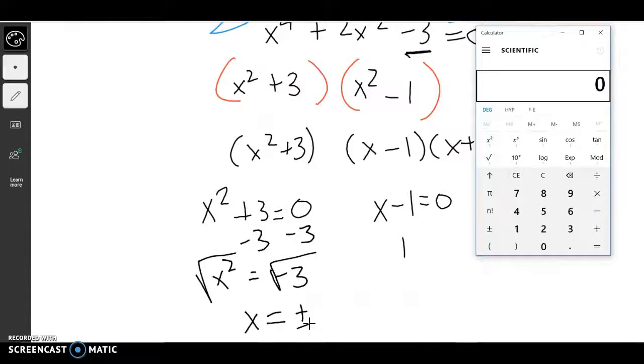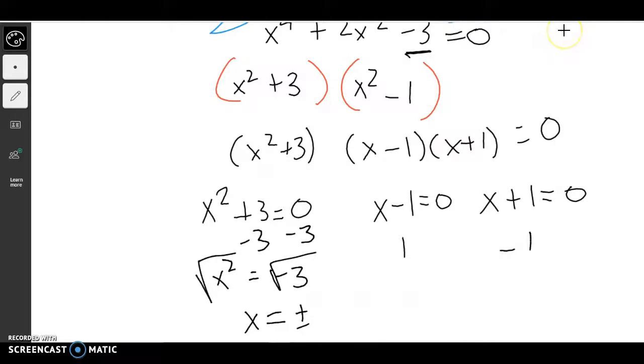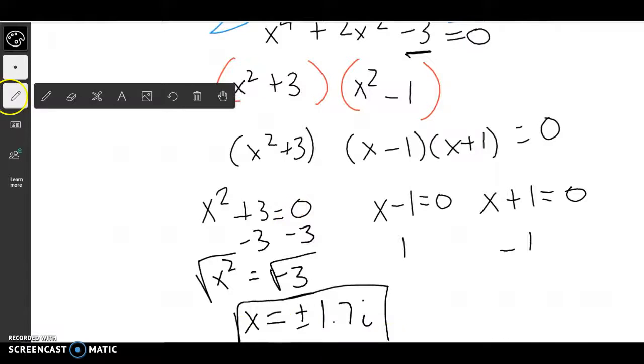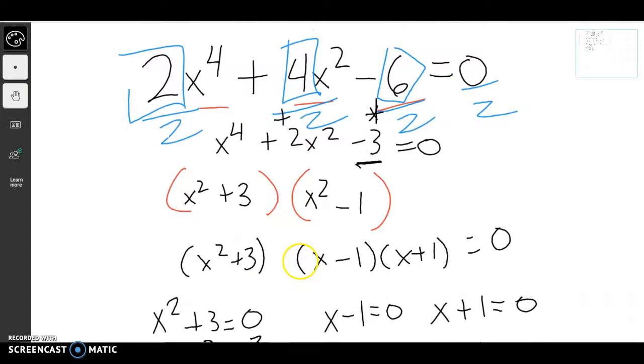I don't know what the square root of 3 is, which is 1.7. And since it's a negative 3, we get an i. Let's check our answers. I have 1, 2, 3, 4, and that was a degree 4.